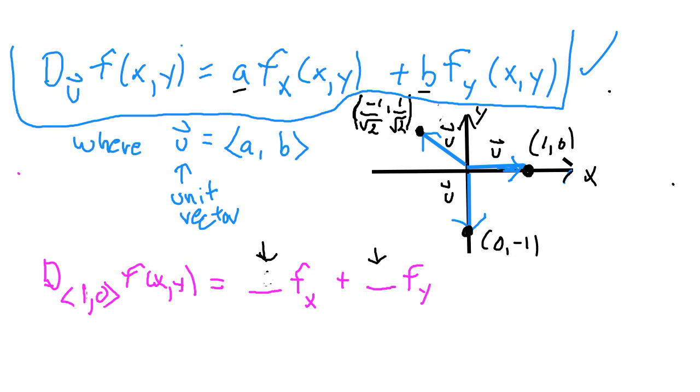What are the weights going to be then? I'm looking at the slope of the tangent line to the surface at a point, looking in the direction of this unit vector here, 1, 0. What's the weight that goes in front of the partial derivative of f with respect to x?